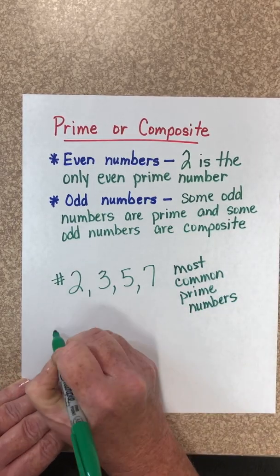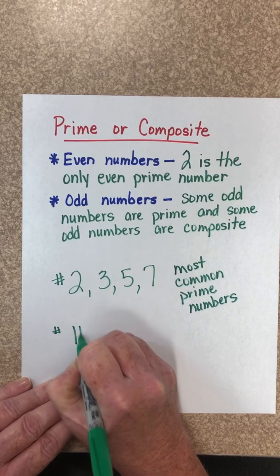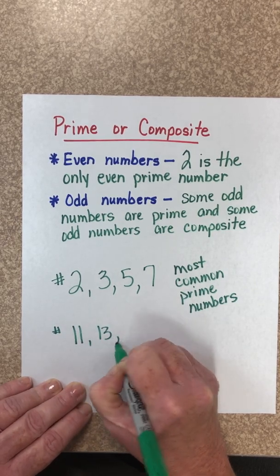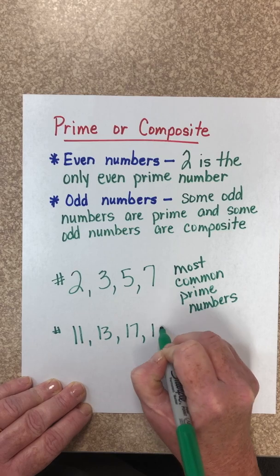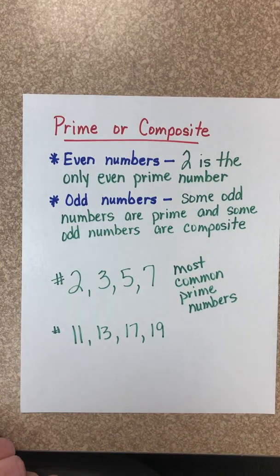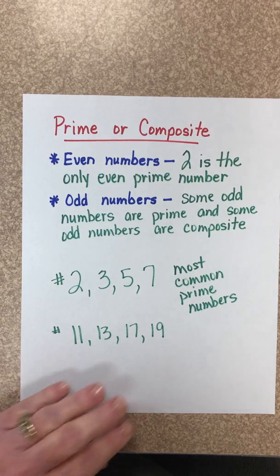And then the next row of numbers, 11, 13, 17, and 19 would be the next group of prime numbers that are used. But they are certainly not nearly as common as 2, 3, 5, and 7.